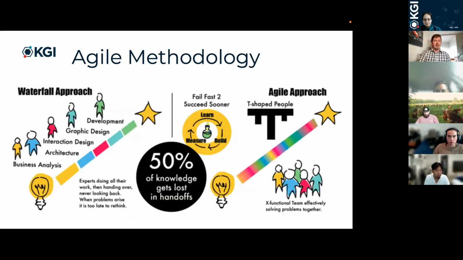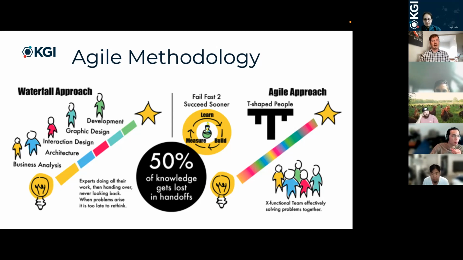So if we go back again to Waterfall, right, you have a limited skill set and authority based on what step you are in the process. If I'm graphic design, I don't get to make decisions about architecture. But if I'm on a team and I'm graphic design and architecture is also on that team, I can ask questions if I think that something's important that's missing within architecture, or maybe make suggestions.